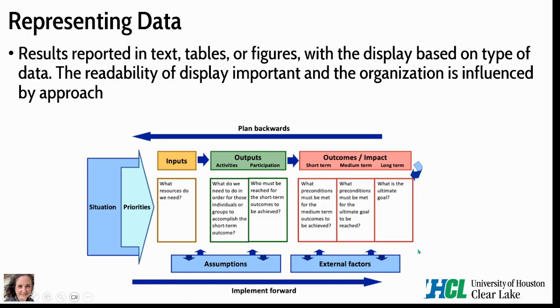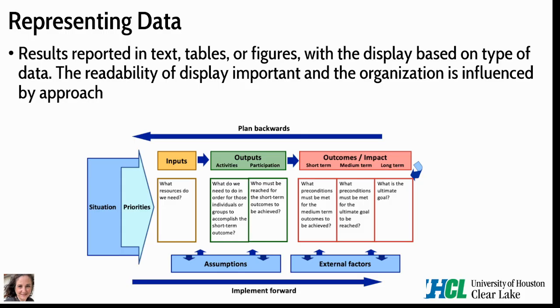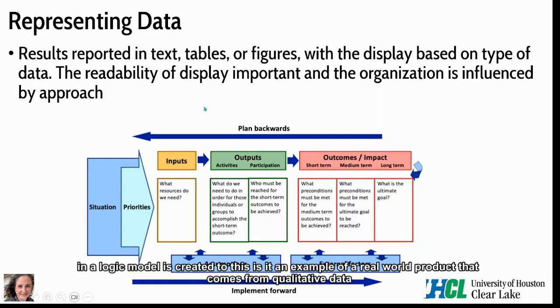These things are collected from a group of people that come in, and they recognize the situation and the priorities, and they can help the researcher or the program developer identify what the outcomes of this program are going to be, what the external factors that are unique to that community are. But in the end, a logic model is created. So this is an example of a real-world product that comes from qualitative data.